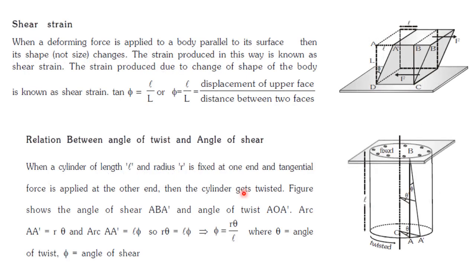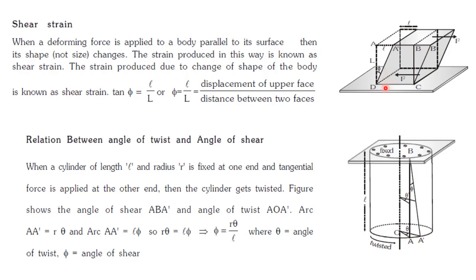What is shear strain? Suppose an external force is applied to a body parallel to the surface, then its shape changes. The strain produced in this way is known as the shear strain. That means the strain produced due to change of the shape of the body.